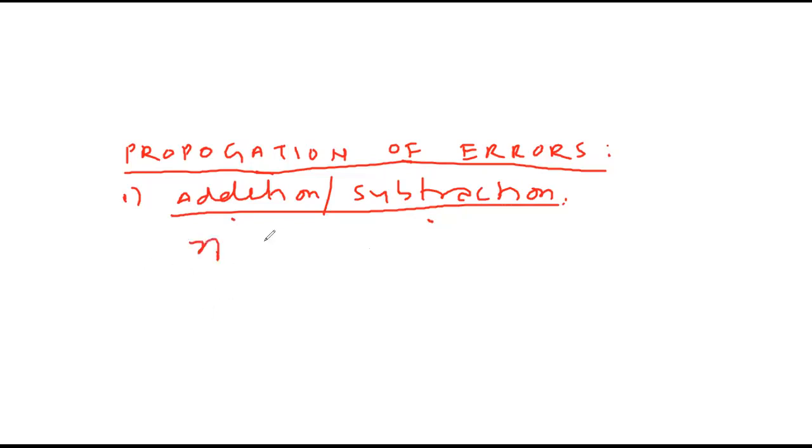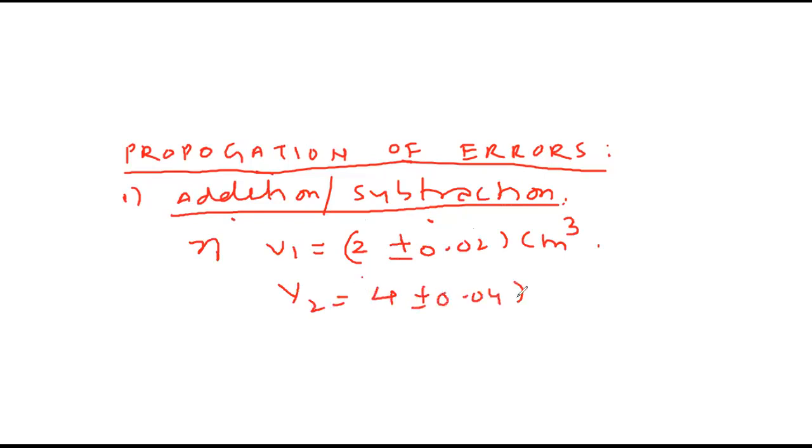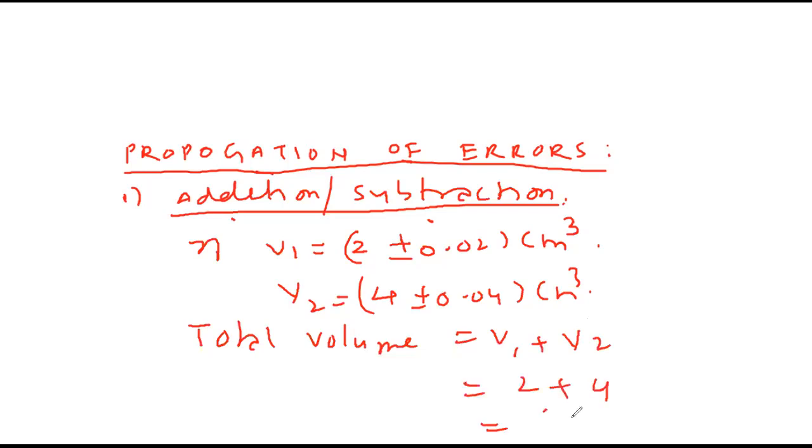Like if V1 is volume, 2 plus or minus 0.02 centimeter cube, and V2 is 4 plus or minus 0.04 centimeter cube. So when we are adding, the total volume is V1 plus V2, which is 2 plus 4, 6 centimeter cube.